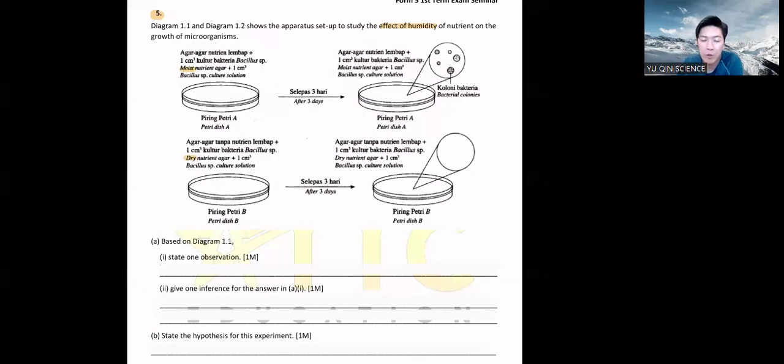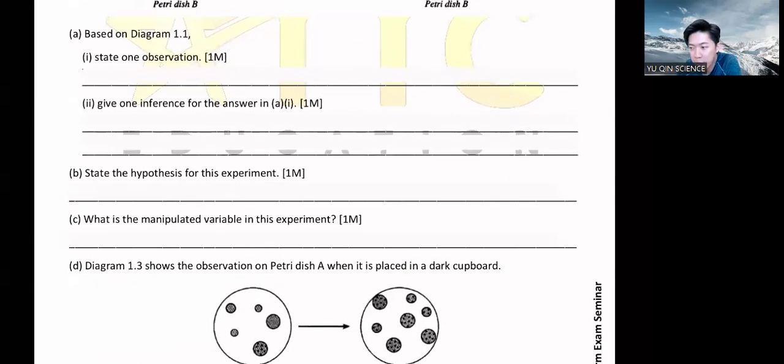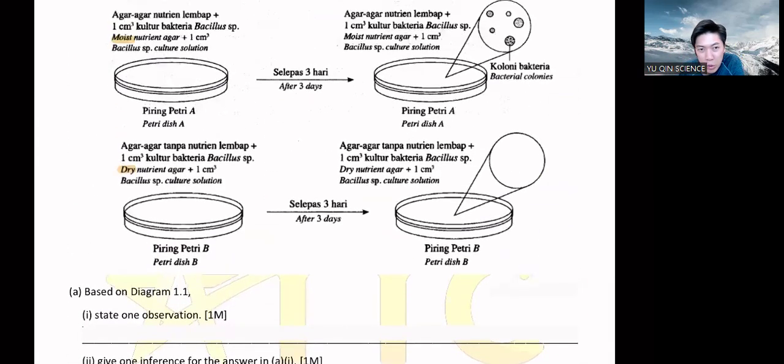So for hypothesis, there are always two ways of writing this. The hypothesis could be the method, or the comparison method, which is when there's only A and B, we say A is better than B. In this case, are we going to say the more moist, or the drier?